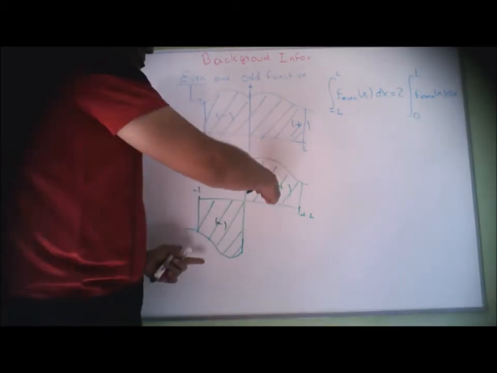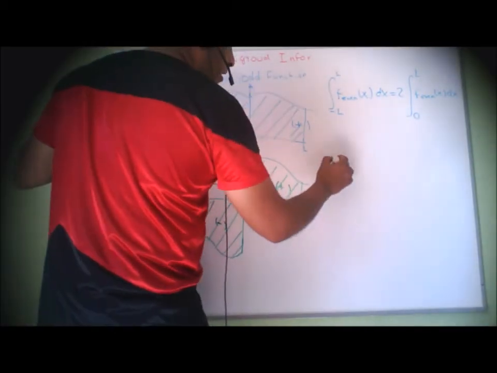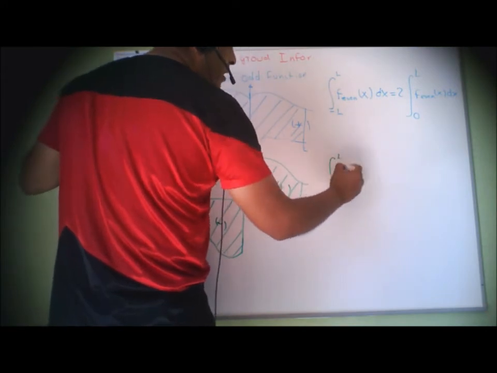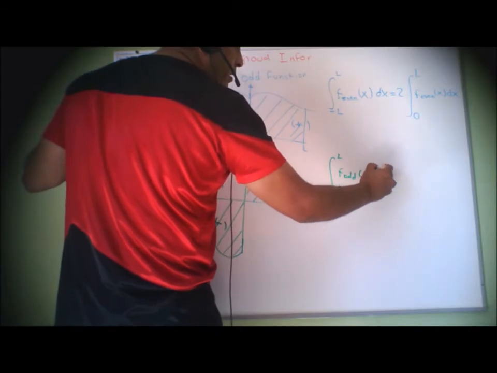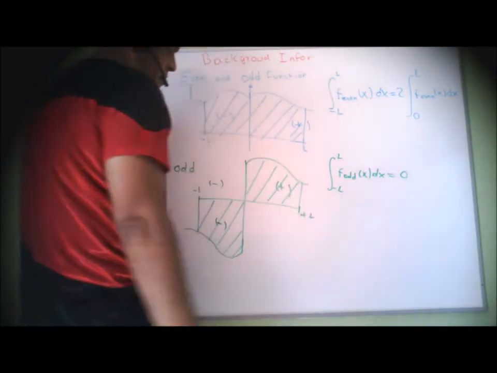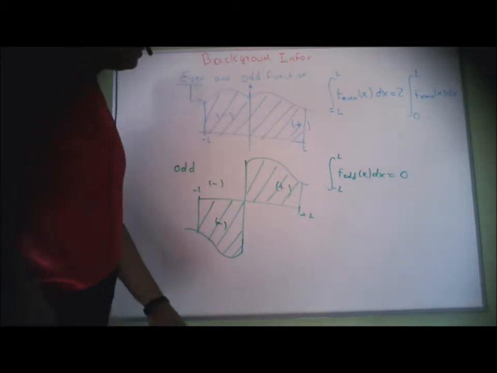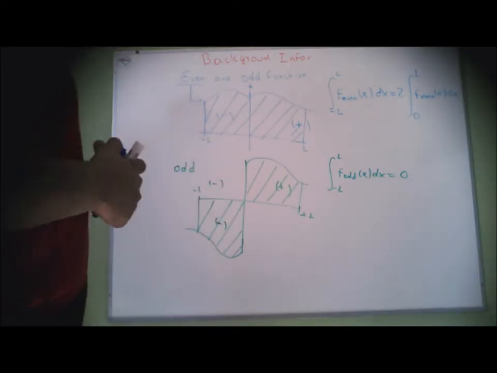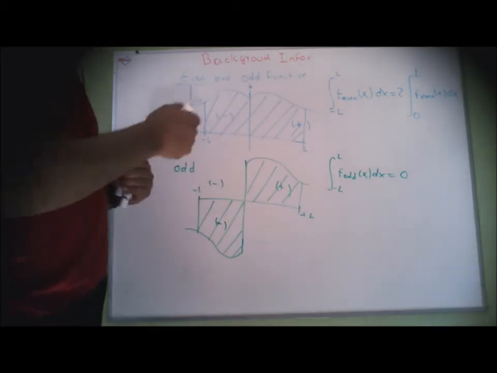The addition of the two, they cancel each other, and the integral from minus L to L of an odd function of x, differential of x, is always 0 because this cancels this.